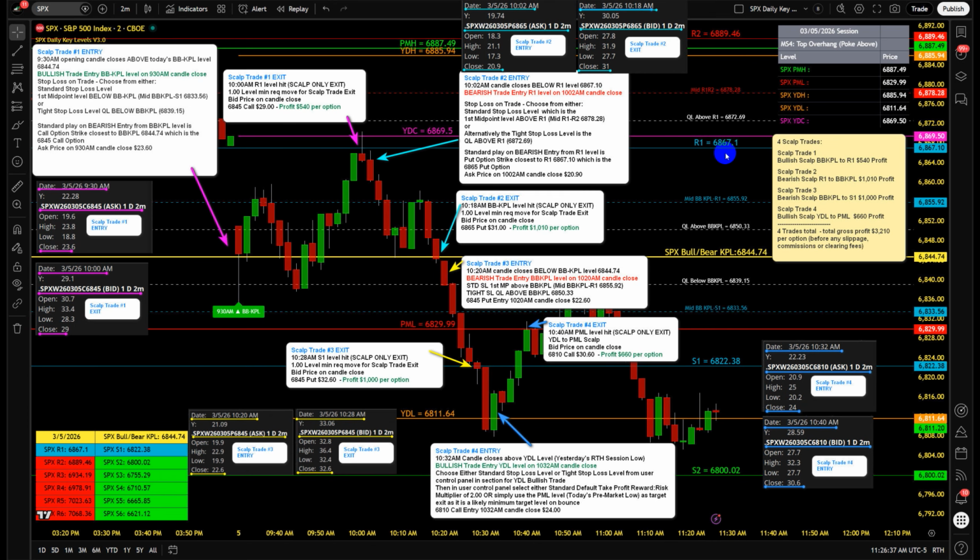And also, for those people that are used to trading SPY, this indicator also works on the XSP, which is the SPX mini index, which relatively mirrors the SPY in the fact that it trades at 1/10 the value of SPX. The XSP mini index trades at 1/10 the price of SPX.